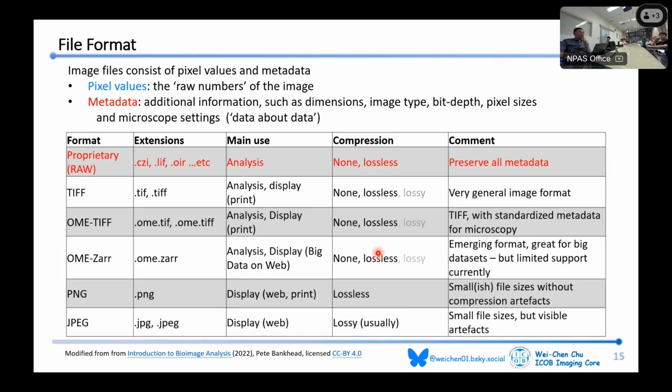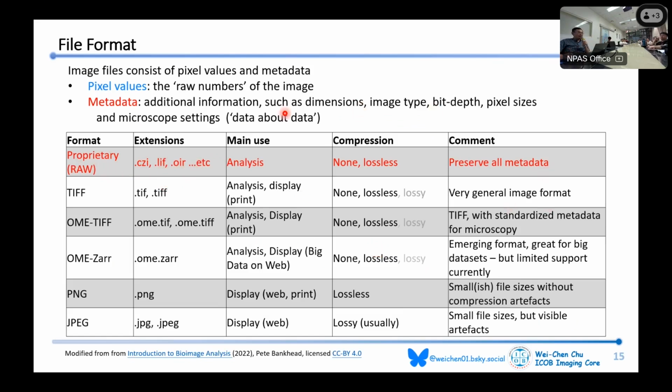So, file format. When you take an image, usually by a commercial system, they have a raw file. For example, this is CZI, Leica is .lif, Olympus is .oir. Those raw files are the most important files because they keep all the metadata.